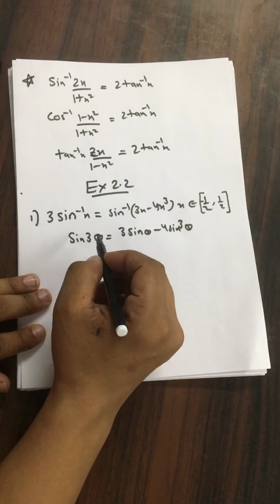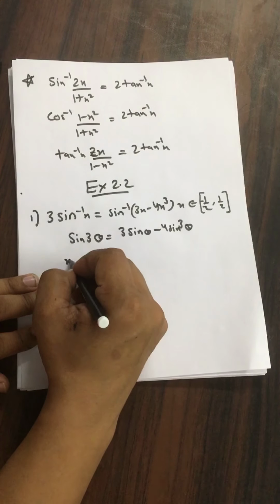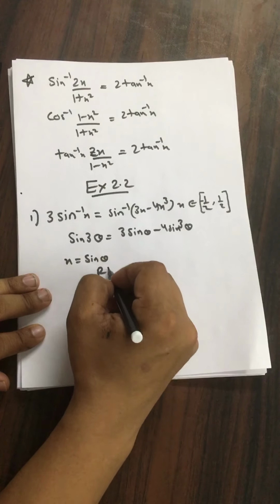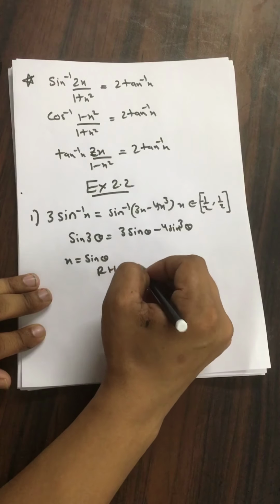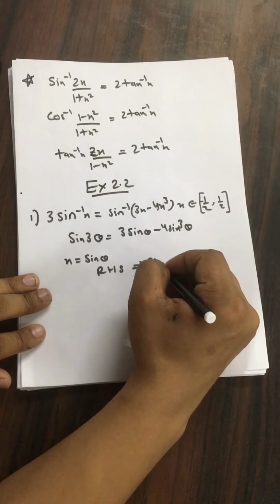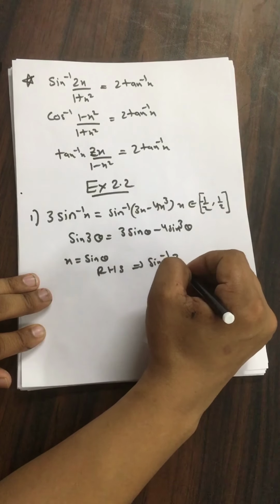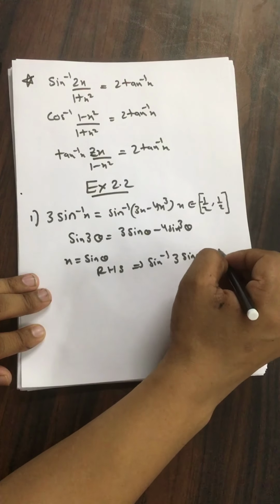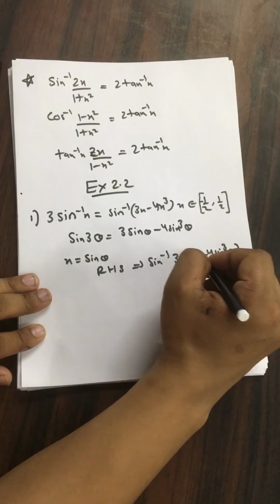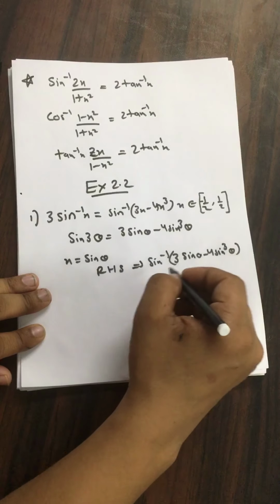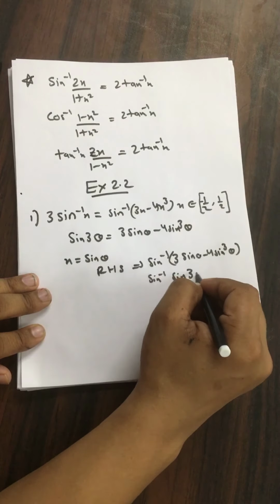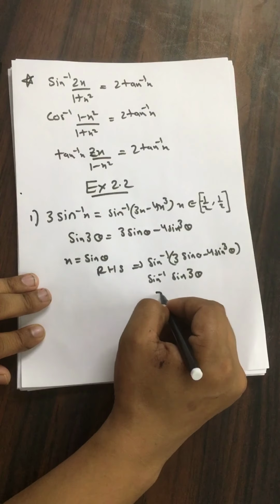So to get this, let's put x equals sine theta. So the RHS will become sine inverse of (3 sine theta minus 4 sine cube theta). Now this whole is a formula, so sine inverse of sine 3 theta becomes only 3 theta.